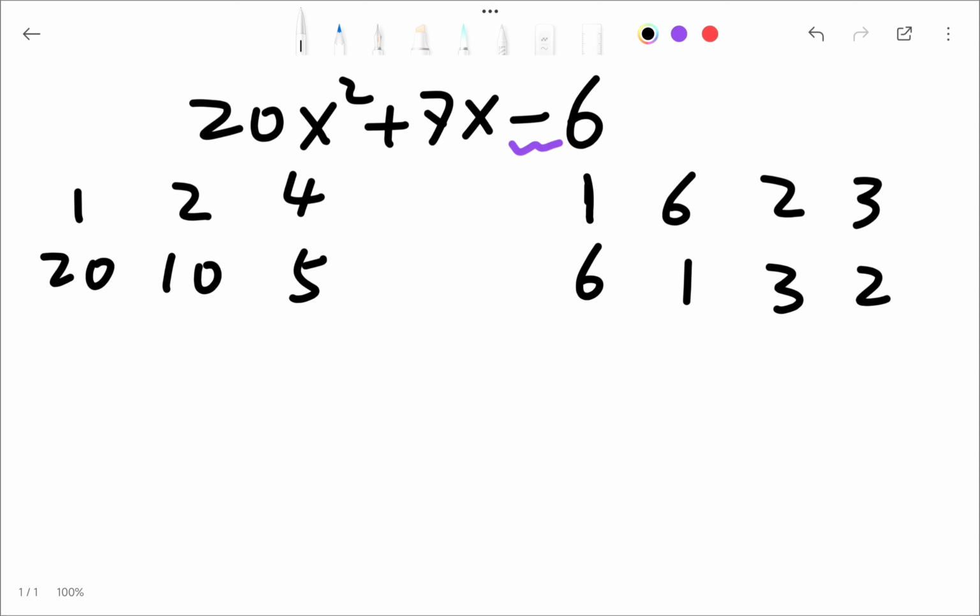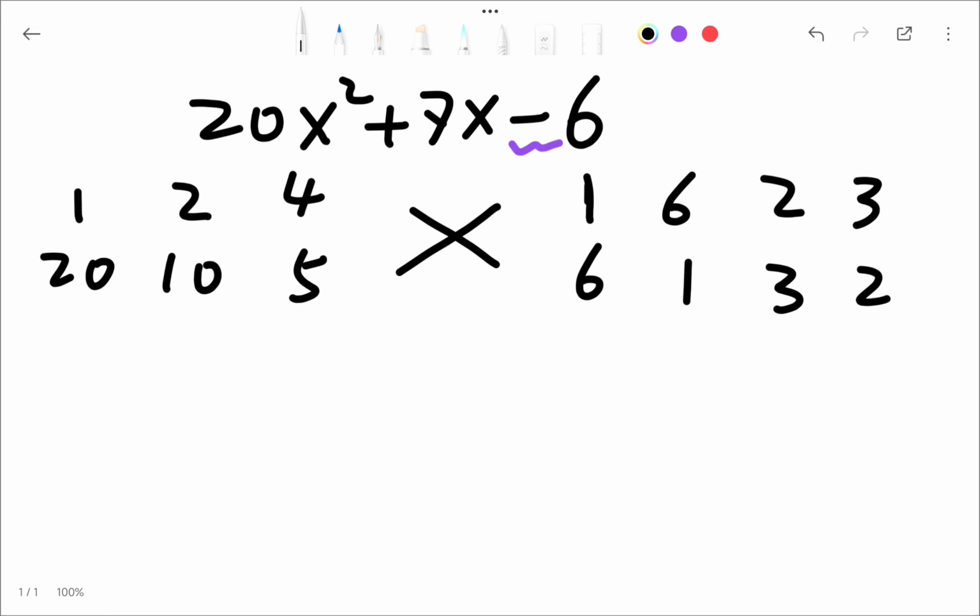Before you do that, it's important to analyze these numbers with the value of a, b, and c in mind, especially the value of b. Our goal is to have a cross multiply of these numbers and then add them up to give us 7.